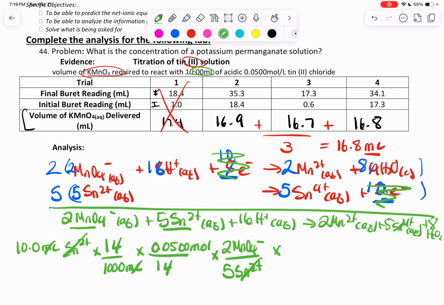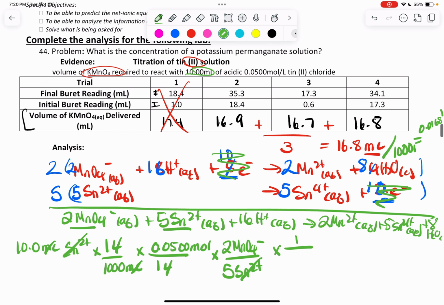Then I am going to divide everything by my volume of titrant. So I'm going to divide 16.8 divided by 1,000, which should give me 0.0168 liters.